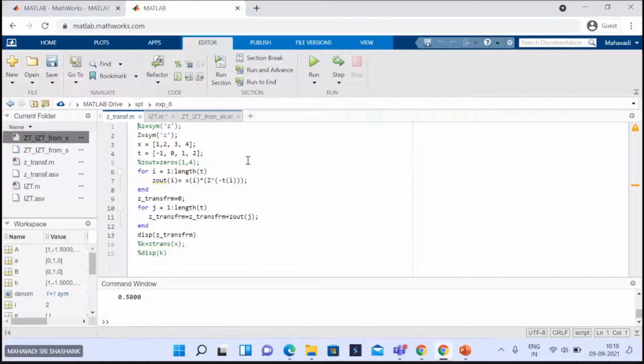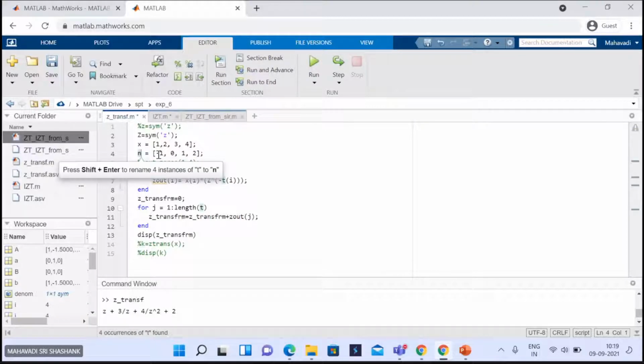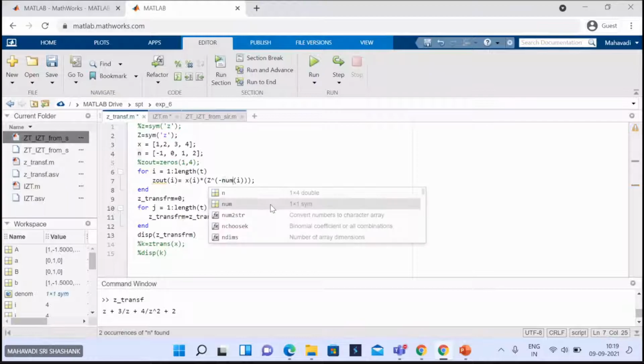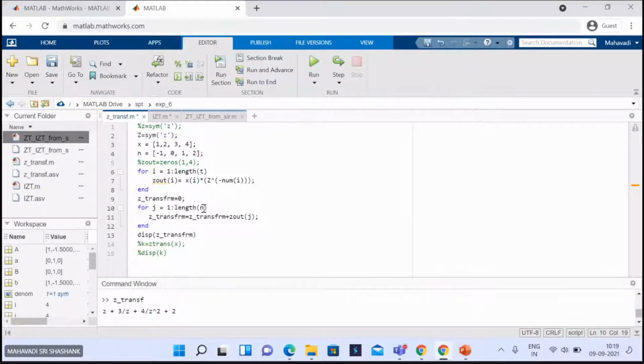Sir, is my screen visible? Yes, the screen is visible. So this is for the Z transform. I have taken the inputs instead of initializing them from outside, and this is the time domain. And we get the Z transform, sir.